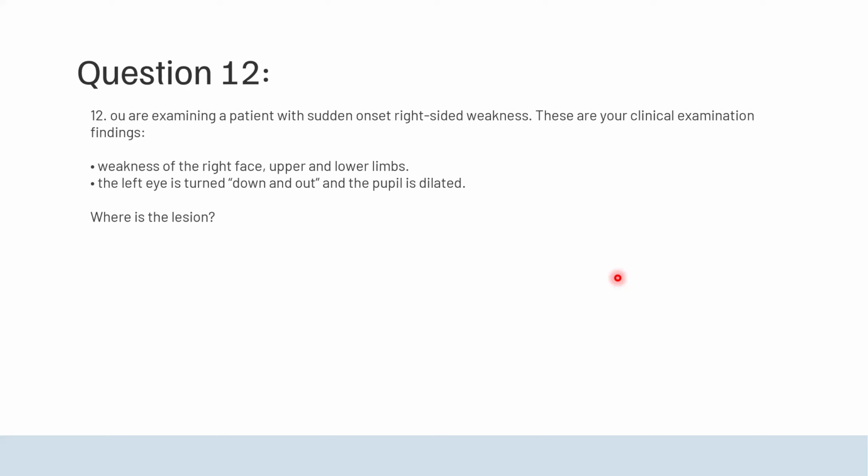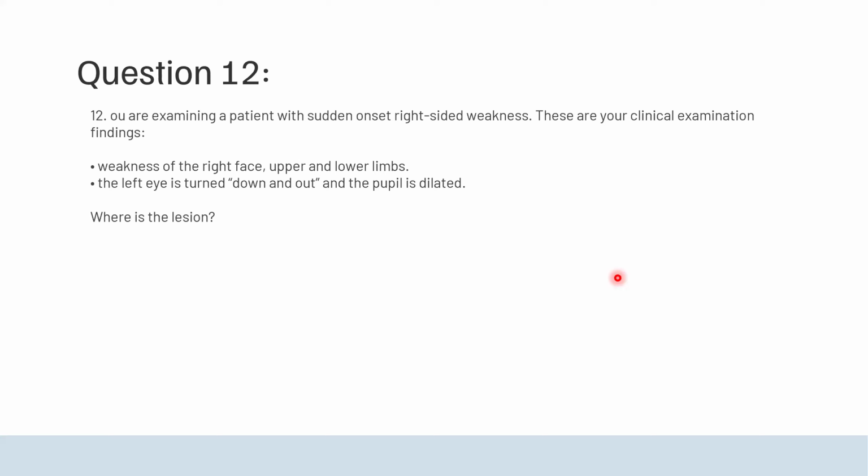Okay, do we all agree that it's left medial pons? Yes. Maybe we consider left medial is correct. No, right is not the issue.